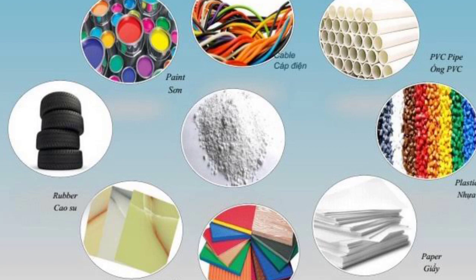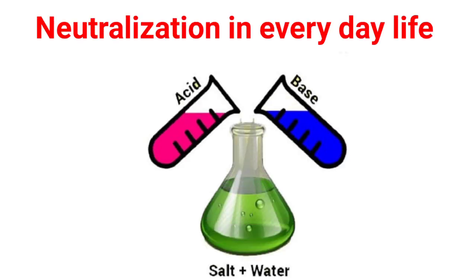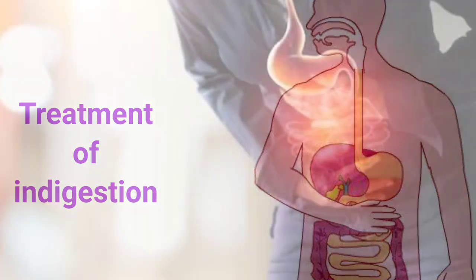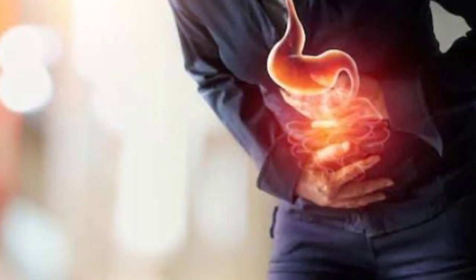Now let's discuss neutralization in our everyday life. How can we understand this topic in our everyday life? The very common example is the treatment of indigestion. Sometimes you feel discomfort, like if you eat too much of something, whenever we feel any kind of acidity, a discomfort in the stomach.